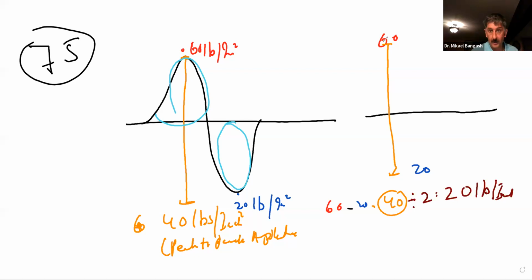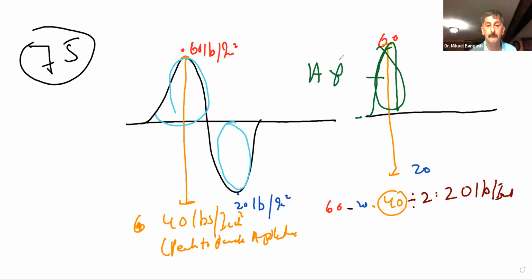That is the difference between the peak value and the trough value. Whereas when you look at the definition of amplitude, it says from the average to the peak. This here is the amplitude. Did that make sense?